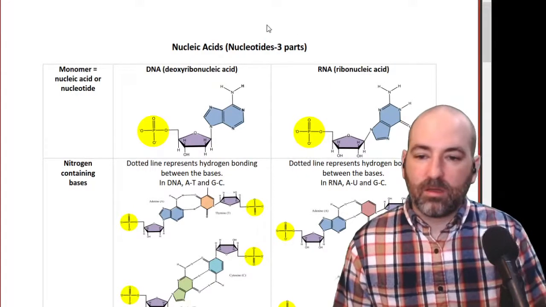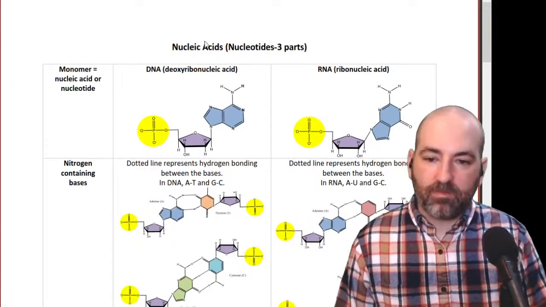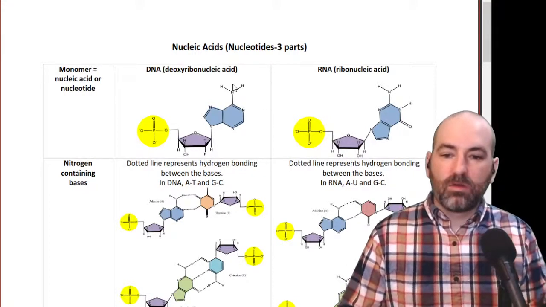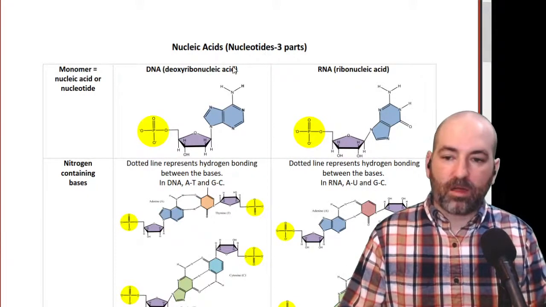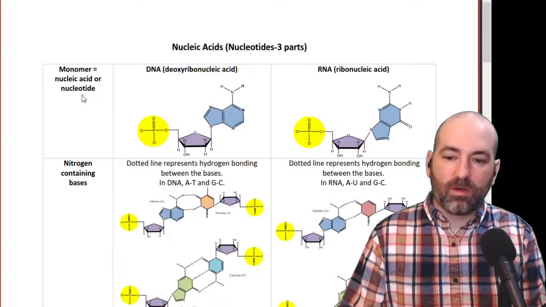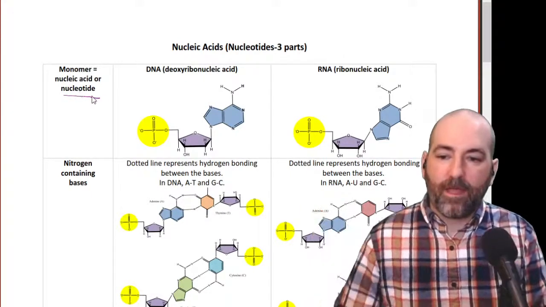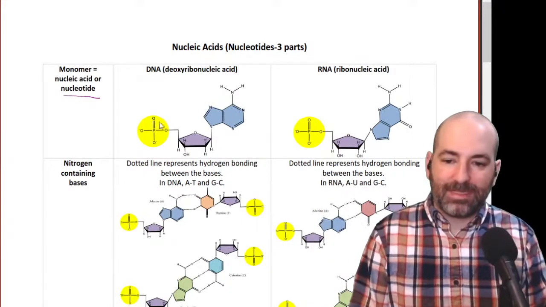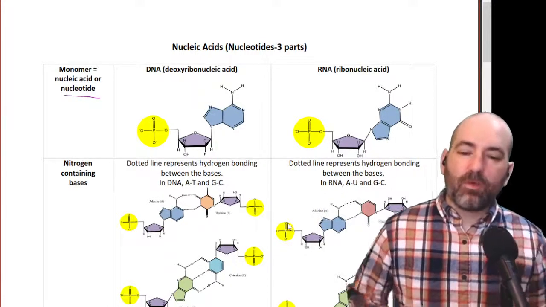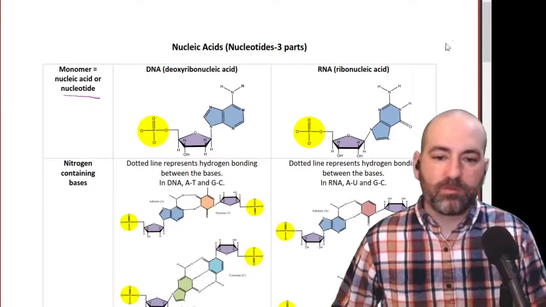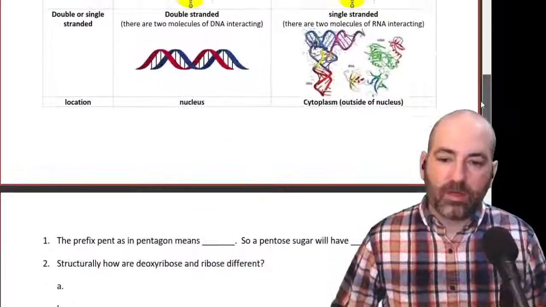In this case, our smallest building block pieces are called nucleotides. I think nucleotide is the better term. Nucleic acid is usually the whole thing together. So nucleotides are these things, and we're going to go through their structure. I'll zoom in and show you a little more detail. But let's jump ahead a little bit and look at where we're going first.